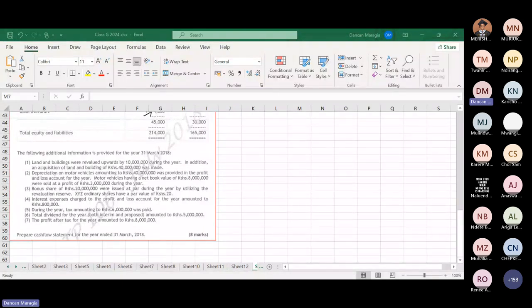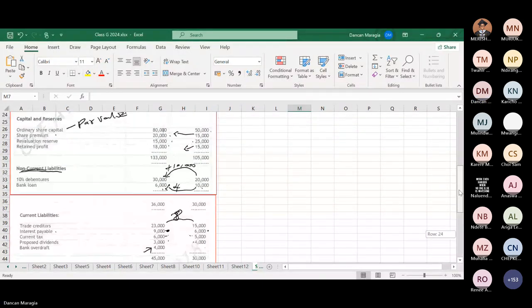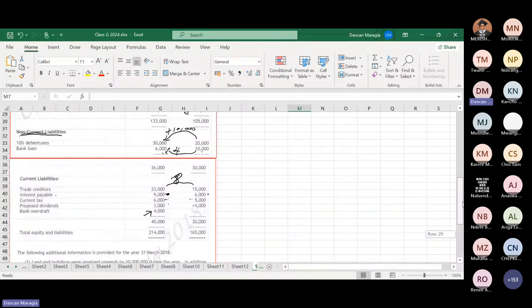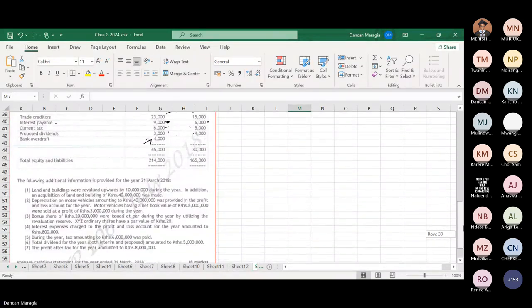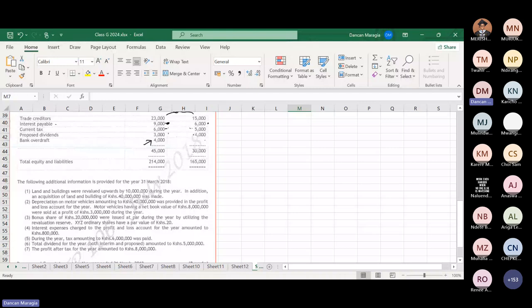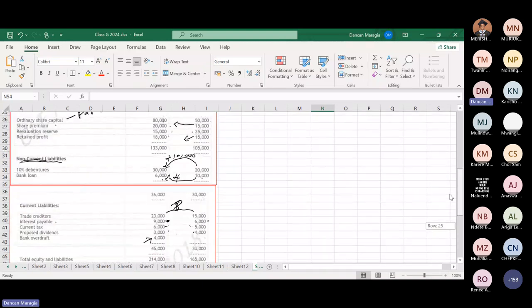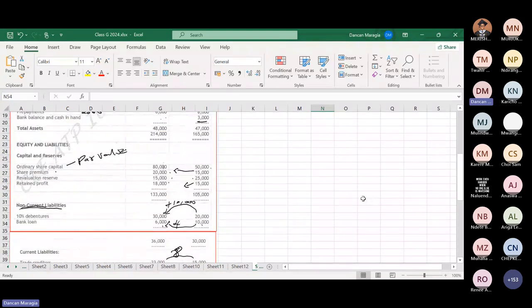So we started with share premium of 15 million, correct?